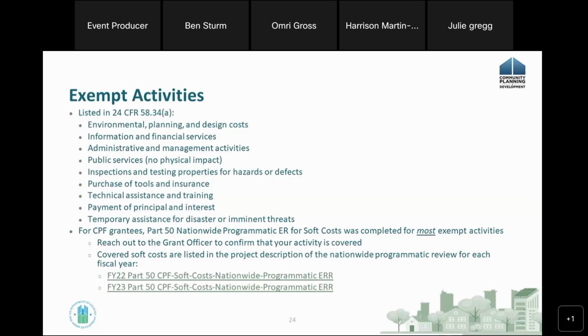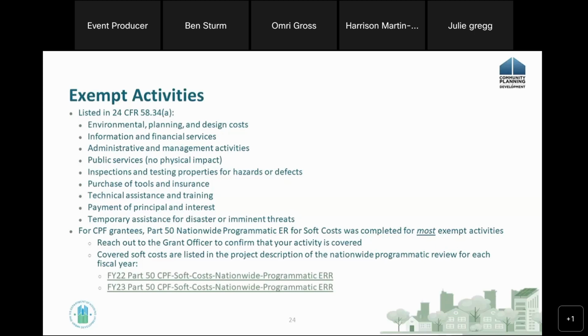Specifically for the CPF program, HUD completed a nationwide programmatic review that covers all planning, management, administrative, and maintenance activities. This programmatic review covers most exempt activities and allows grantees to incur reimbursable soft costs at any time after the date of enactment.